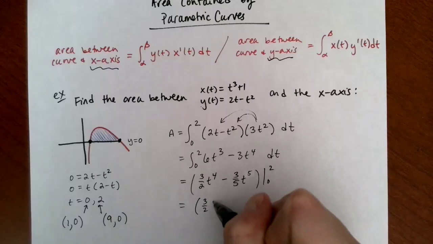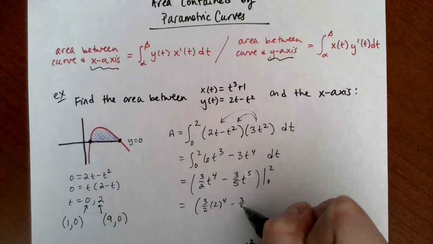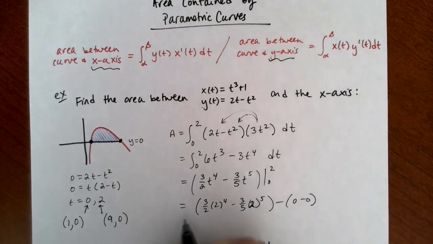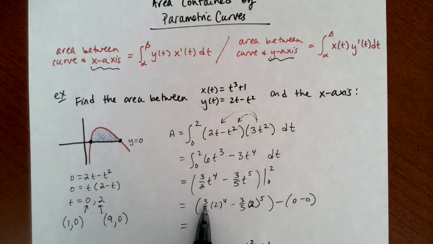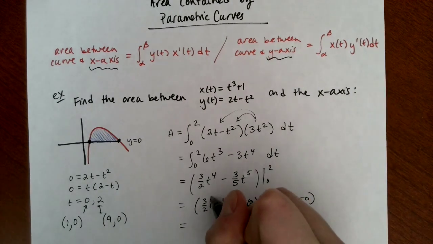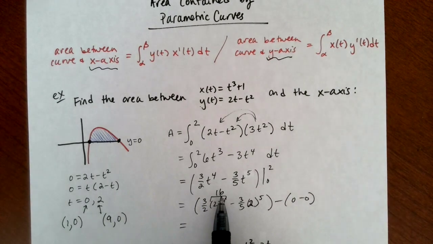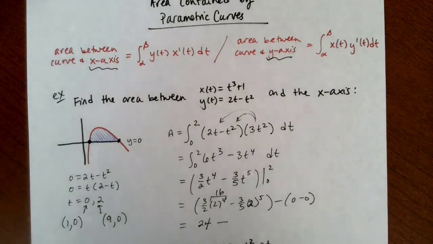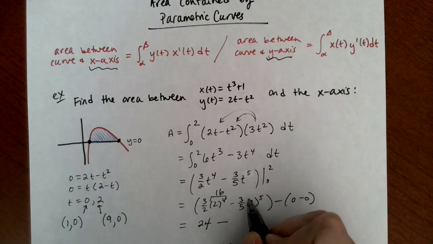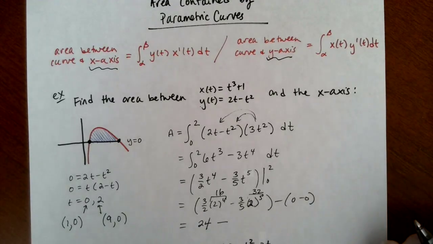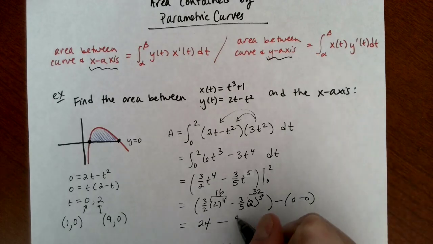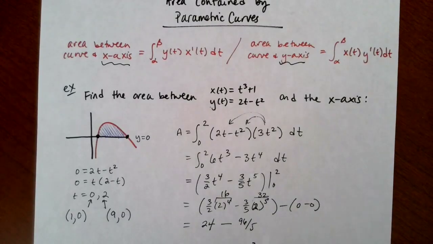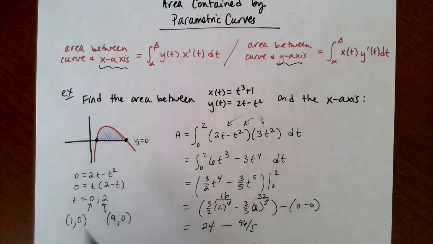So I have 3 halves, 2 to the 4th, etc. Okay, so this will be 3 times 16 over 2. So that's 3 times 8 is 24. Minus 2 to the 5th is 32. So we have 96 over 5. Why don't we leave it there? Whatever 24 minus 96 over 5 is, that'll be the value of this area.